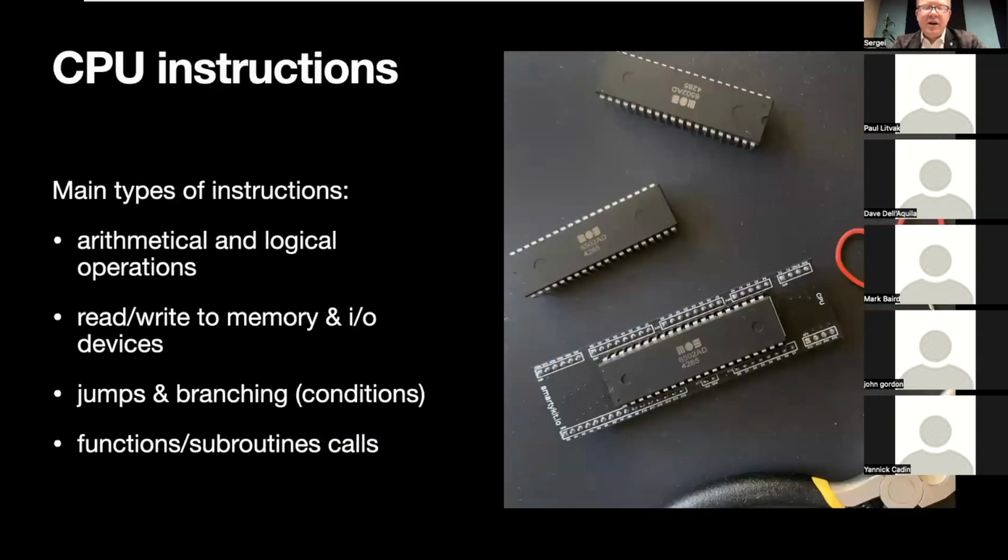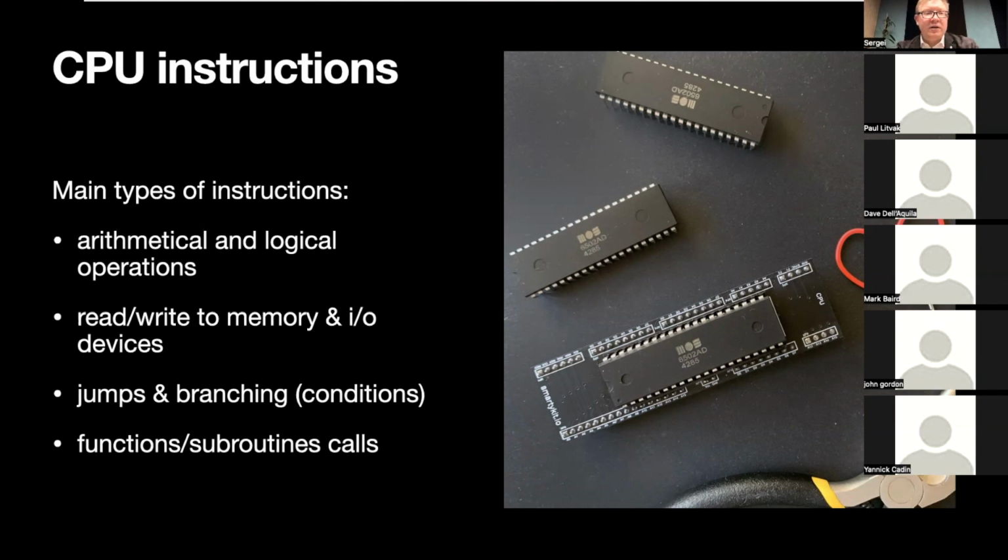Okay, but what kind of instructions? We said the CPU executes some instructions, but what kind? Basically, all these CPUs have some types like this. First, arithmetical and logical operations.